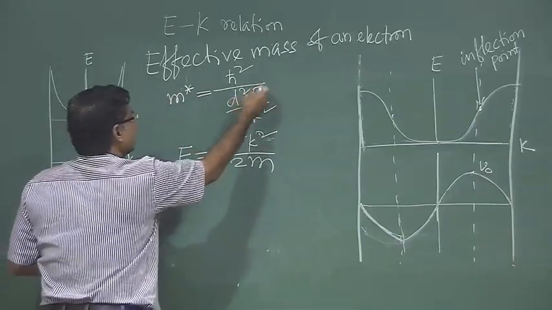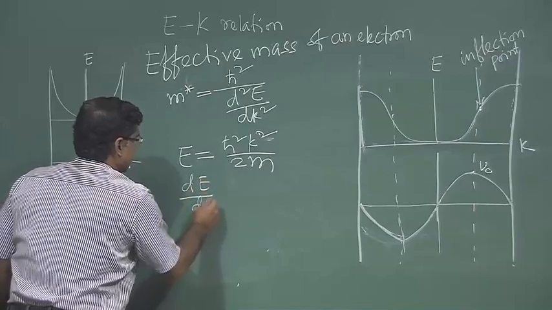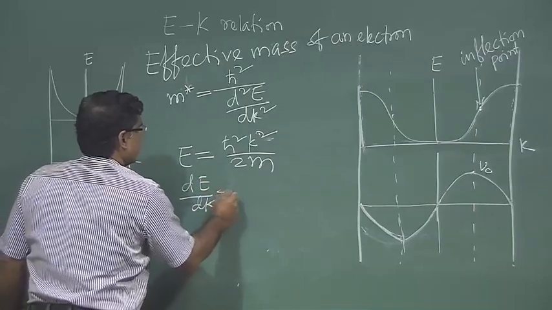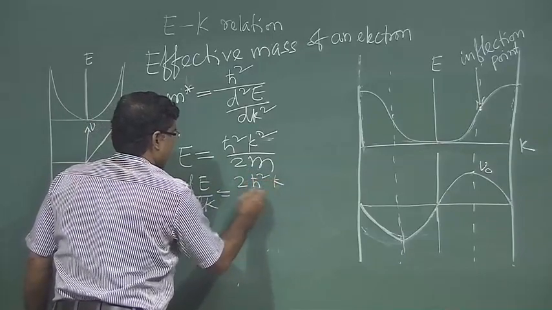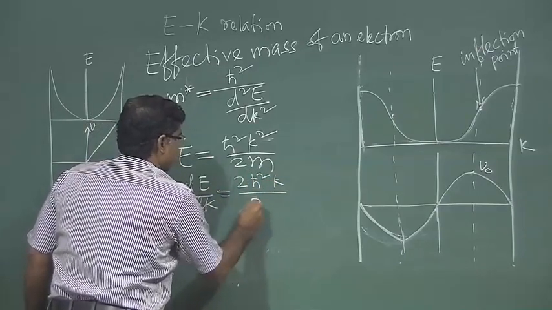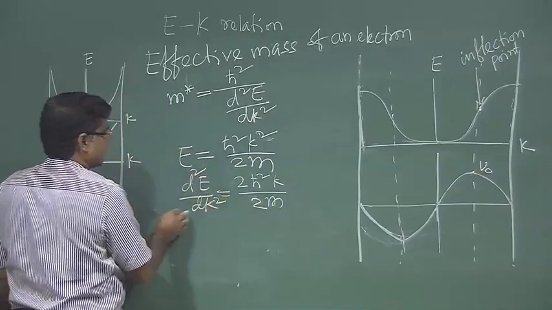So, what will be d2E by dk square? So, dE by dk will be 2 h cross square into k by 2m, again differentiate, right.